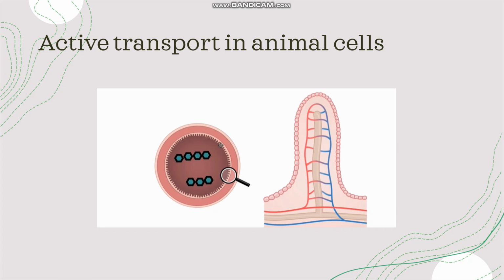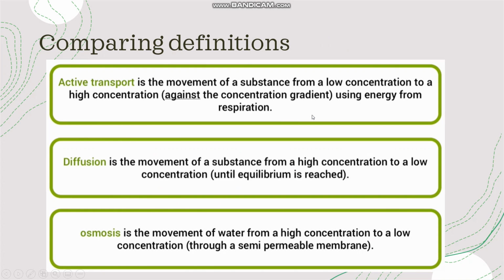As you can see, the surface contains small villi. Over here, when it's zoomed in, it's lined with a single layer of cells to provide a shorter diffusion pathway, and it also contains a very good blood supply. So that's it for animal cells.